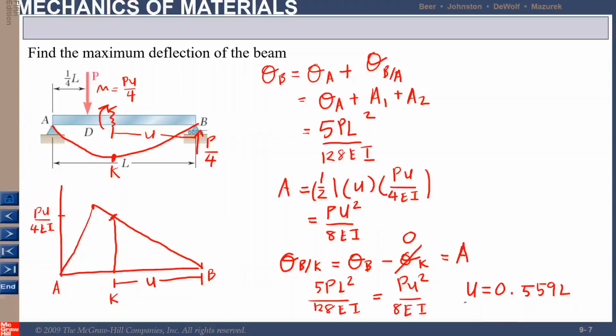So the location of K is at L minus 0.559 L. So it is situated at 0.441 L, which will be our distance from A.